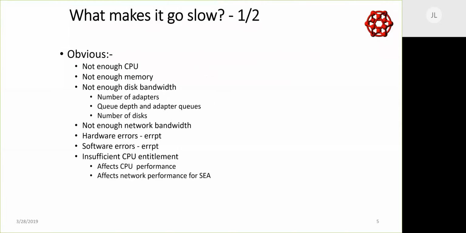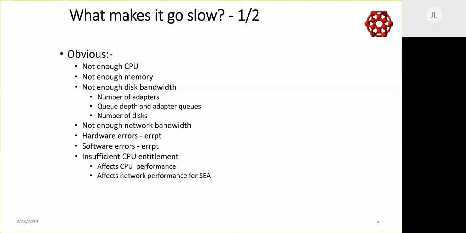One of the things I see a lot when people are having problems is that they don't go and look at the ERRPT output. If you're having an I/O performance problem and you see in ERRPT that you've got fiber adapters where the links are failing, or disks that are failing, that's probably a good indication as to where your problem is. So it's best to look there before you open a PMR.